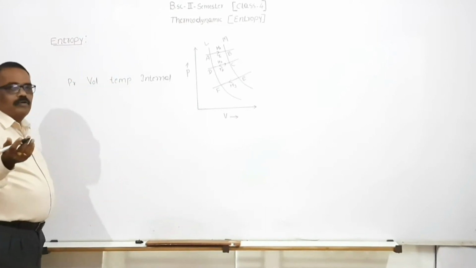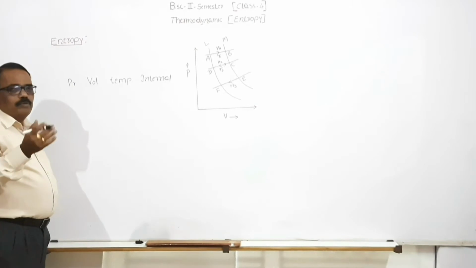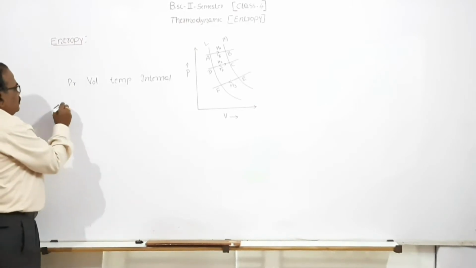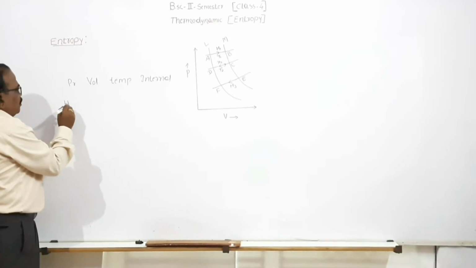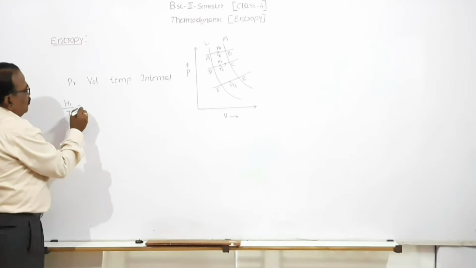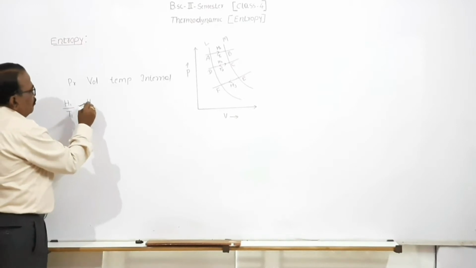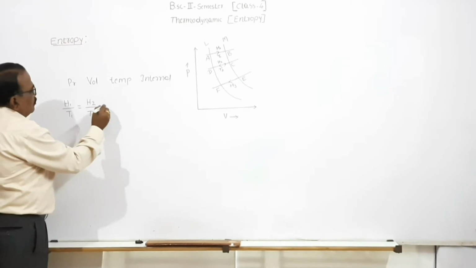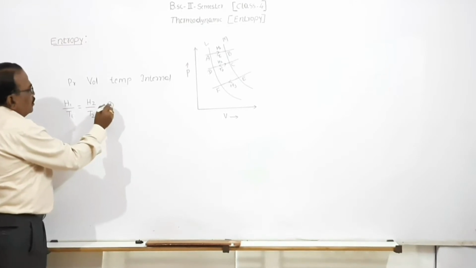Then you know that according to that principle, H1 upon T1 should be equal to H2 divided by T2. Call this equation 1.